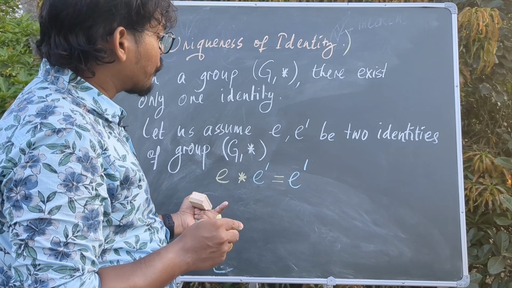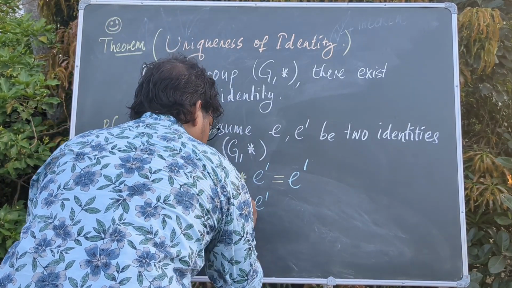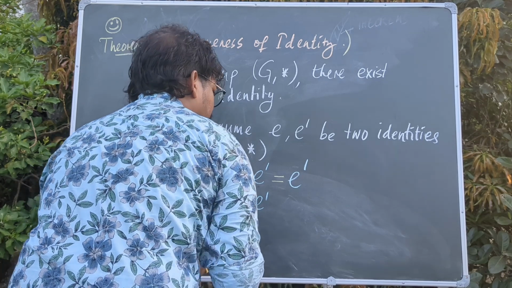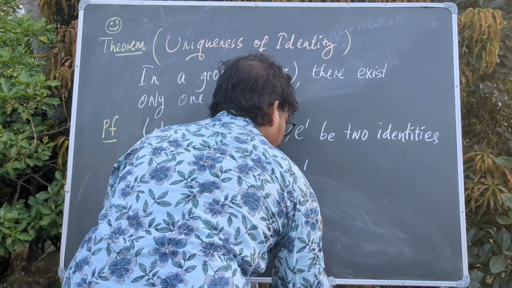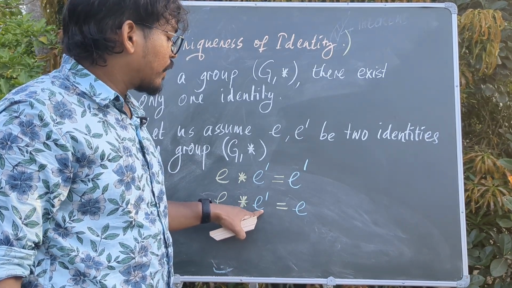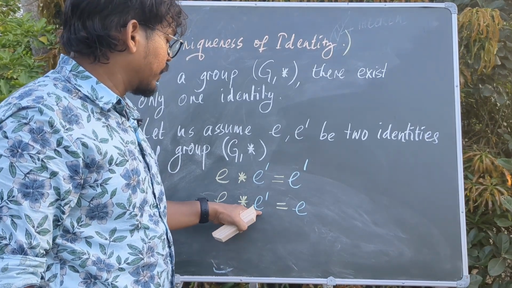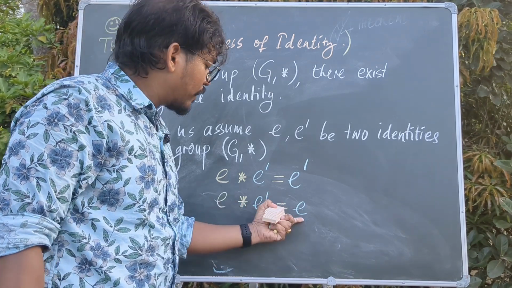Now I will treat E dash as another identity, and this is E, this one will be what? This is E, because I am treating E dash as identity, and identity when operated with any element of the group G, you will get that element.